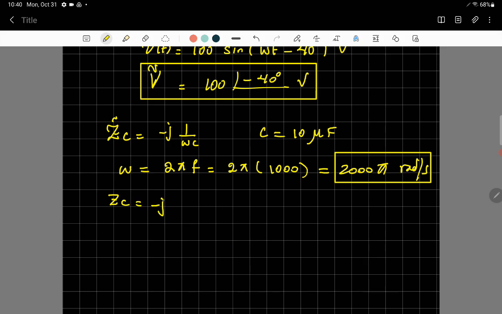ZC will equal minus j 1 over omega c, 2000 pi times 10 microfarad, which means 10 to the power minus 6. Let's just calculate this value. So you have 2000 times pi times 10 to the minus 6.